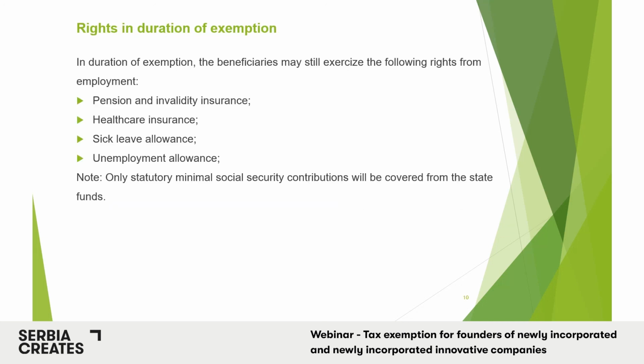The one negative side of this incentive is that during the duration of the incentive, it is the Serbian government which takes over the payment of the mandatory social security contributions for those who are using the incentive, but it is doing so only on the statutory minimal social security contributions base, which means that for the duration of the incentive, which is a maximum of 3 years, your retirement pension or your sick leave allowance will be calculated on this minimal basis and not on the actual salary that you are receiving.